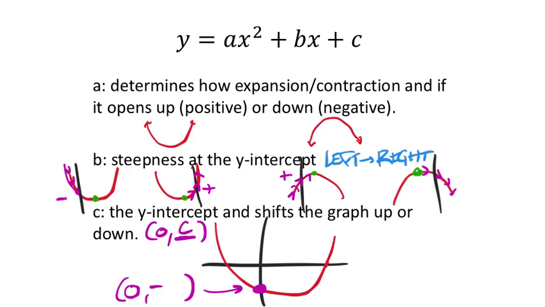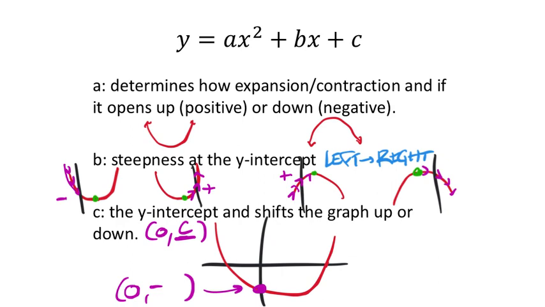Now, the last thing I need to mention here, because on these four scenarios for the y-intercept, we went to the left and then to the right, for a smiley face parabola and a frowny face parabola. But what if the y-intercept is actually the vertex?